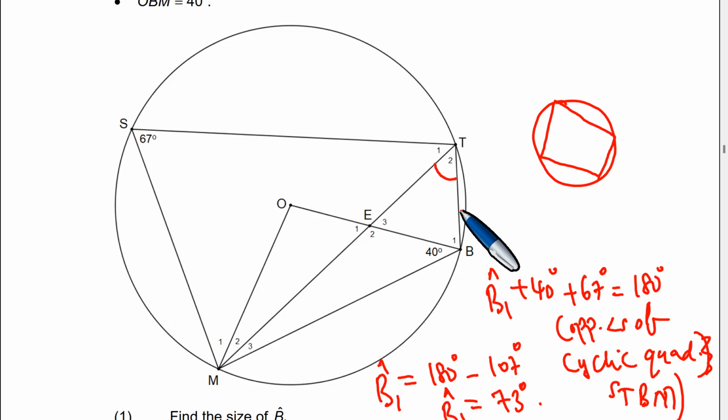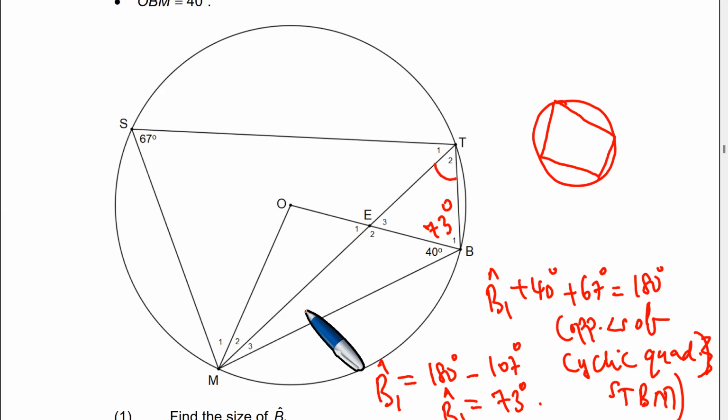For instance, how do we find the size of angle T2? You already know that this one is actually 73 degrees.